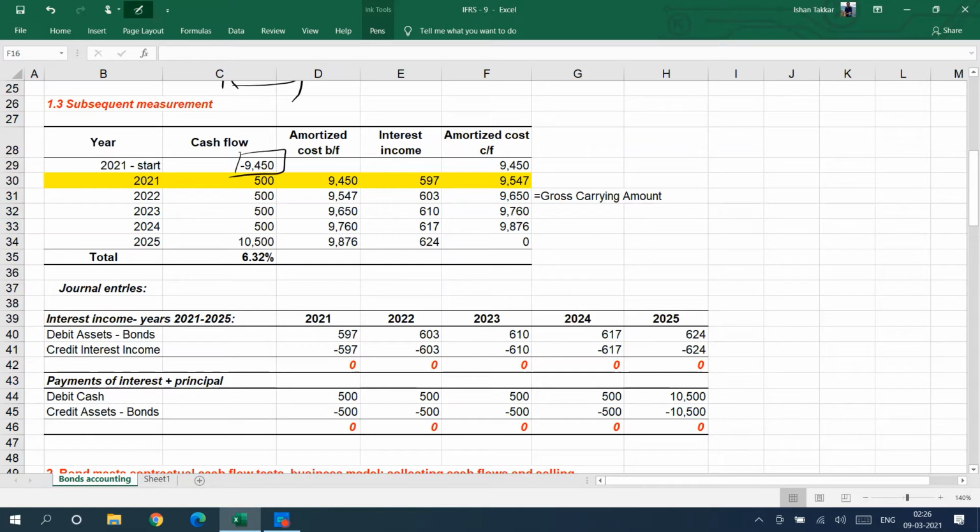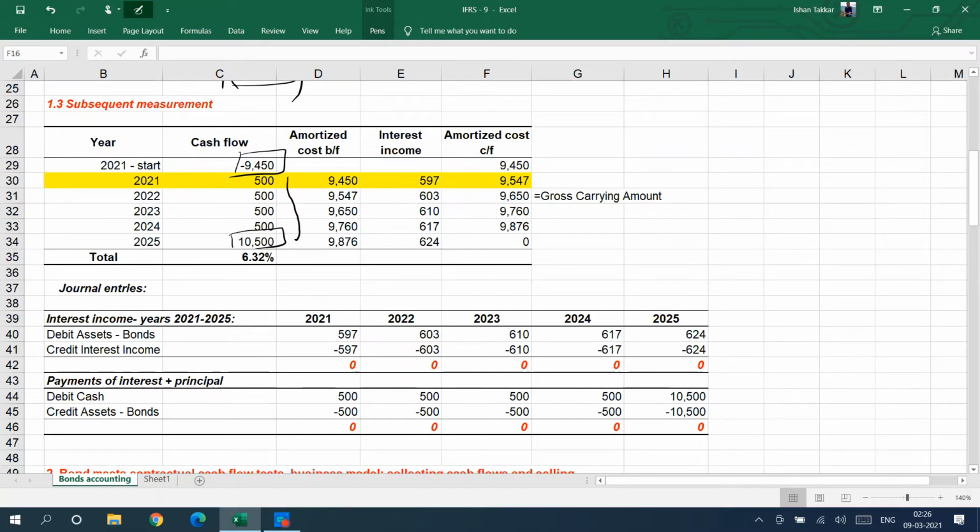You have invested 9450, and you will be getting 500 each year, and you will be getting 10,500 at the end of the last year, on maturity. So just think about it: have you earned 5% or more or less? Obviously more than that, because you have not invested 10,000, you have invested 9450 and you're getting something more.